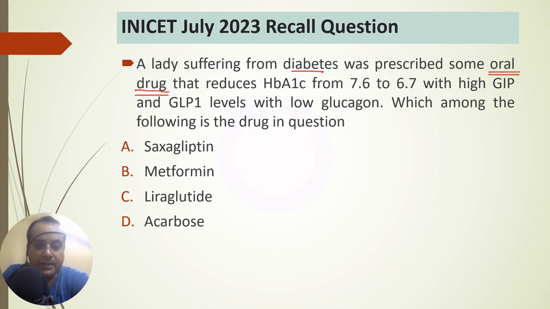Now these drugs reduce the HbA1c level, increase the GIP as well as the GLP-1 levels, and decrease the glucagon levels. So an oral drug which reduces the HbA1c level, increases the incretins and decreases the glucagon level is gliptins. In this case it is saxagliptin.